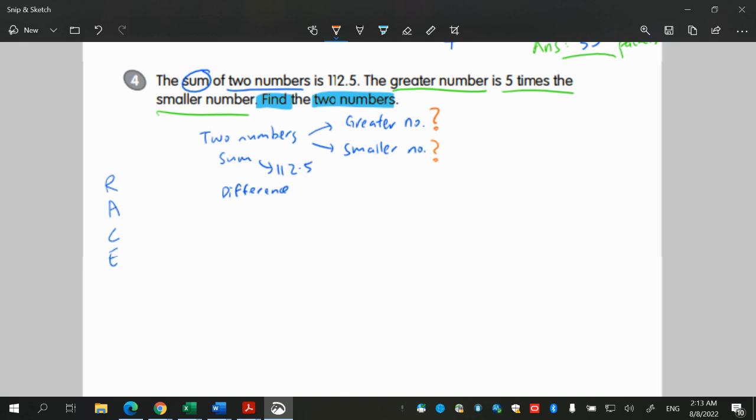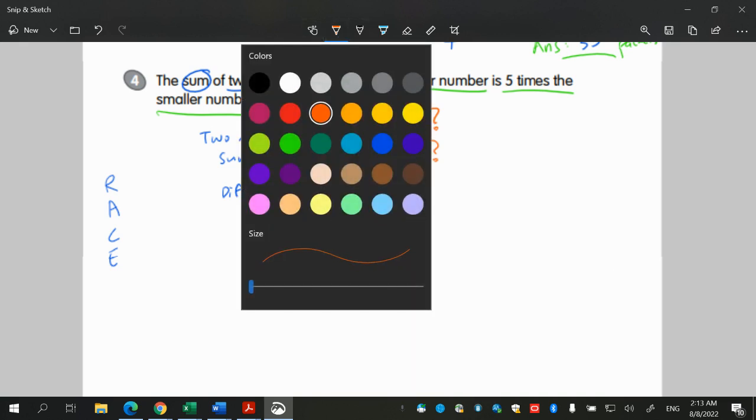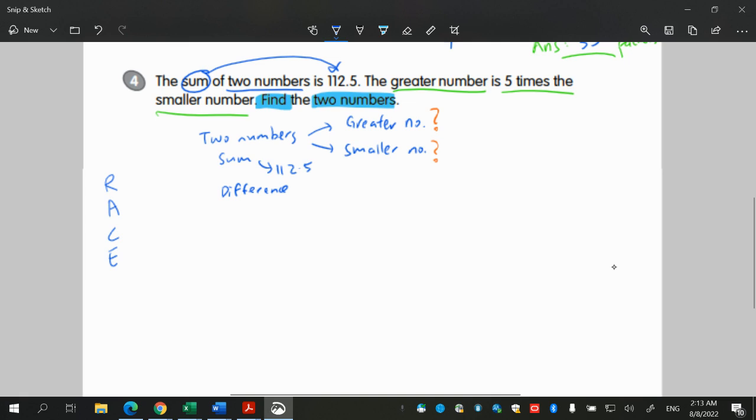What you have is only the first part, the sum. That means the two of them are together. And you only have the second part that tells you the relationship between the greater number and the smaller number. Now, I think I've done my reading.